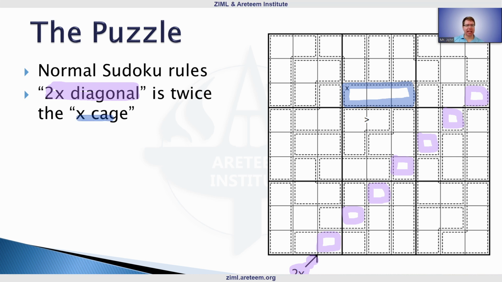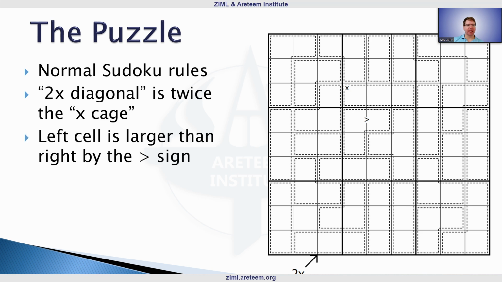But this word cage will show up. We see these little dotted lines, those form cages in this grid. So if you sum up all of the values on this 2x diagonal, it's twice the sum of that x cage value. Now, next clue, and like I said, these aren't going to be super relevant until the end.